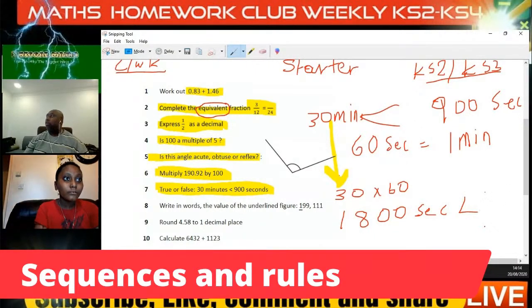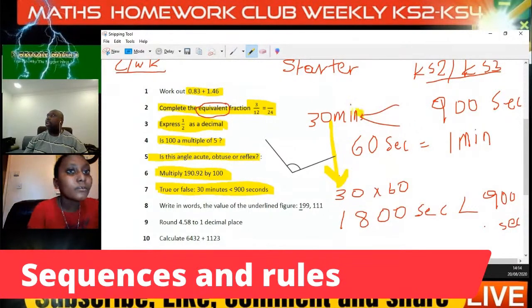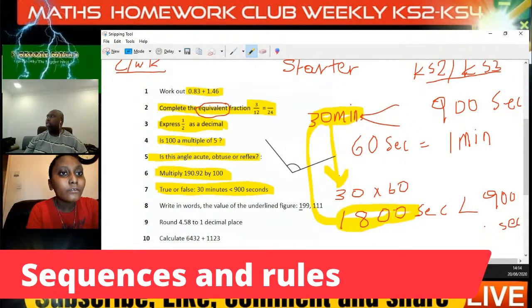So the question asks which is bigger, 900 seconds or 30 minutes? Because 30 minutes is equal to 1,800 seconds. Which is bigger? 30 minutes.